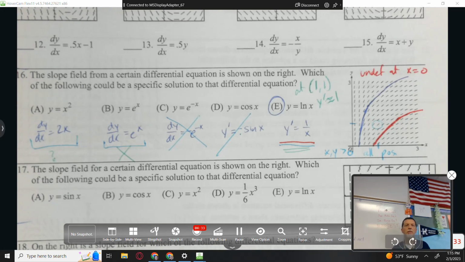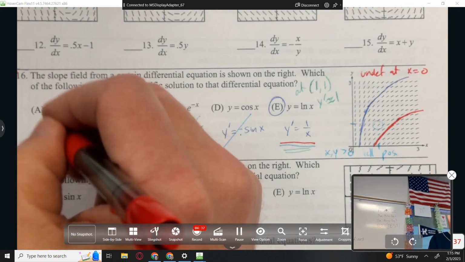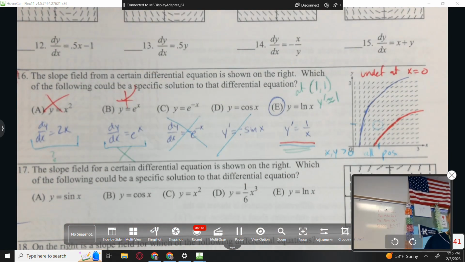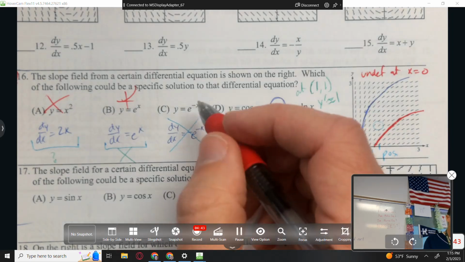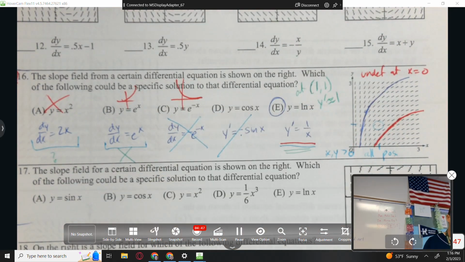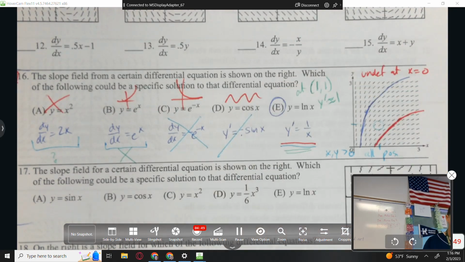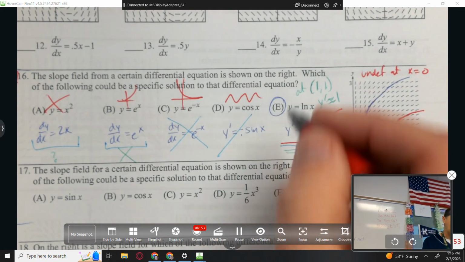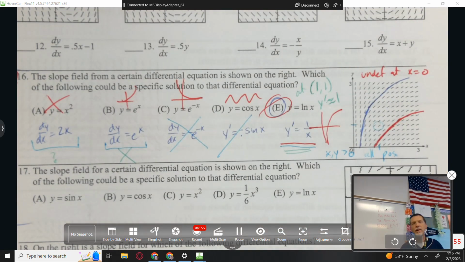So, like, well, what does that look like? Definitely not y equals x squared. E to the x is more like that, so that's out. E to the negative x goes that way. Cosine just does that. Natural log of x looks like that. So I'm feeling pretty good about natural log of x.